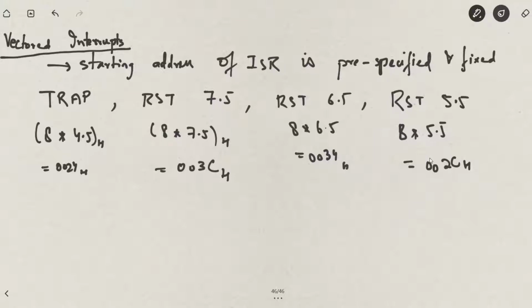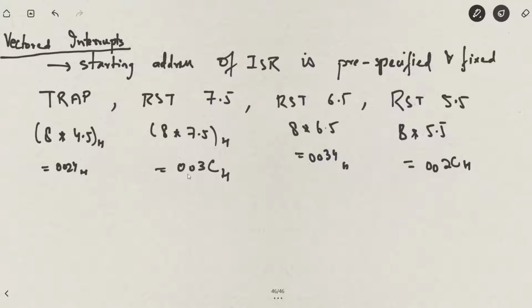These memory locations are not accessible to the user, and they are reserved. As I have been saying to you, among the memory locations from 0000 to FFFF, there are some locations specified in the 8085 microprocessor for certain purposes, and these are used for the vectored interrupts.